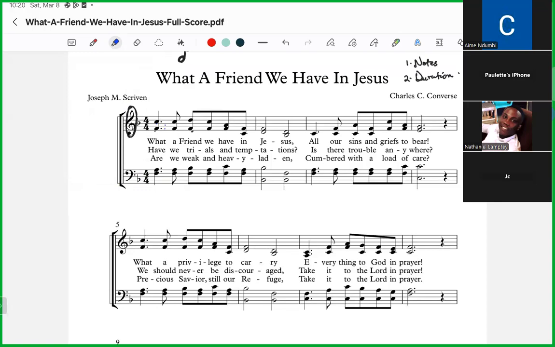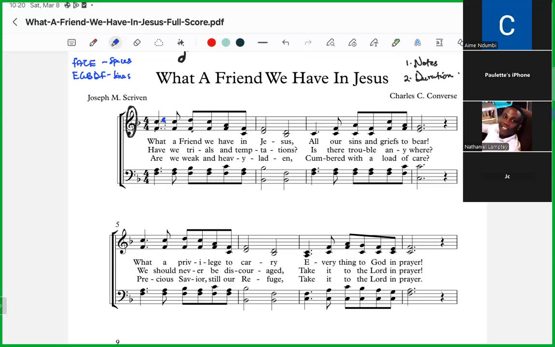So first, second, third space. You can quickly write this as your guide: FACE for the spaces, and Every Good Boy Deserves Favor for the lines. So the first note for the soprano is the third space, so it becomes a C.